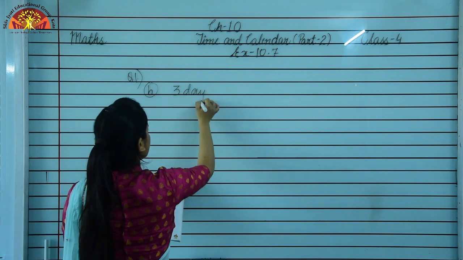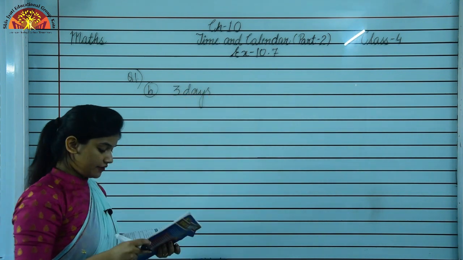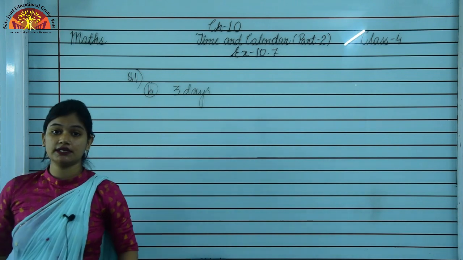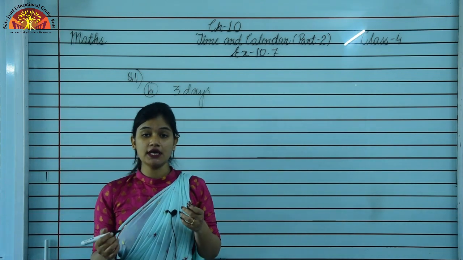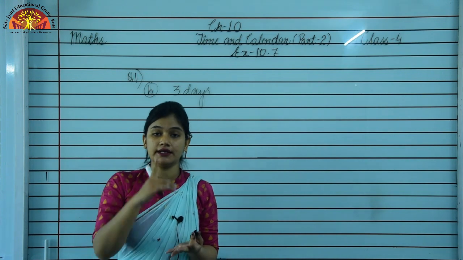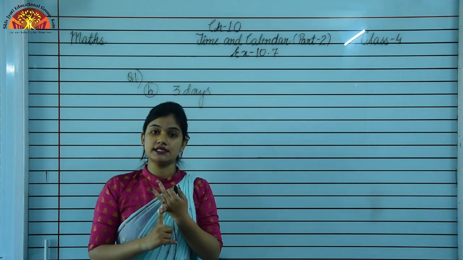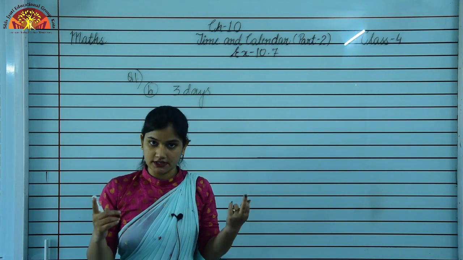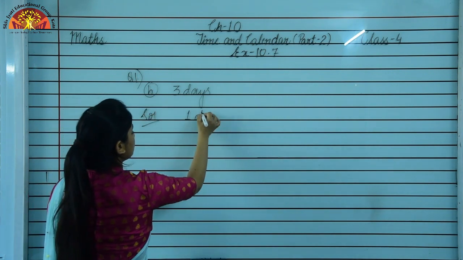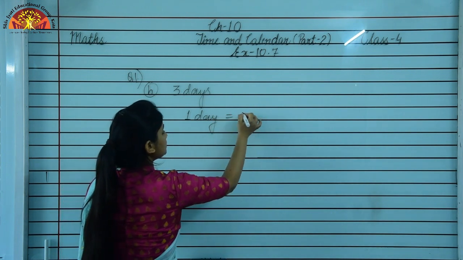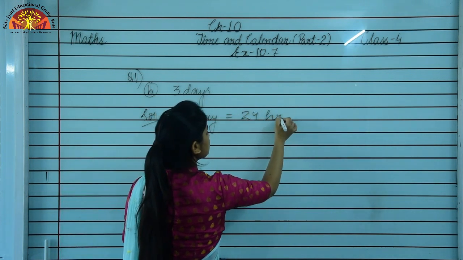3 days. So now students, we have to convert 3 days into hours. So first of all we have to see how many hours are here in one day. One day is equal to 24 hours. Okay, one day is equal to 24 hours.